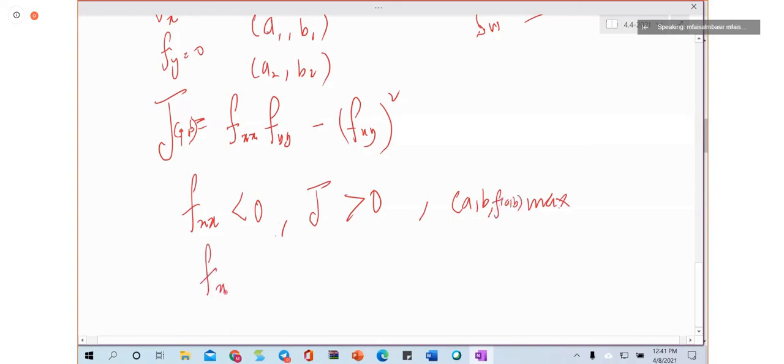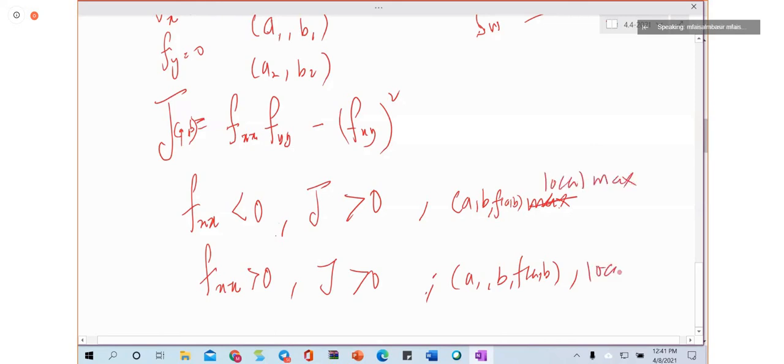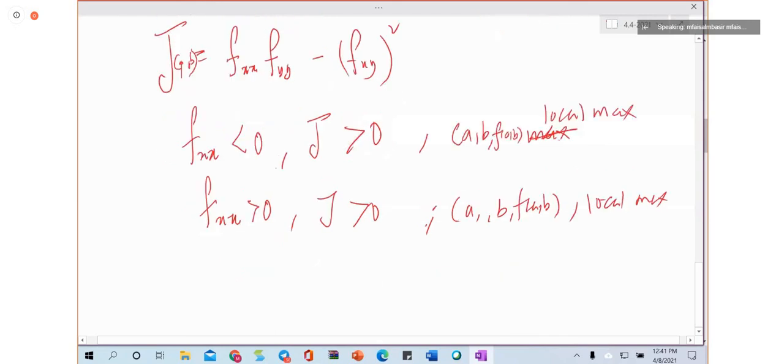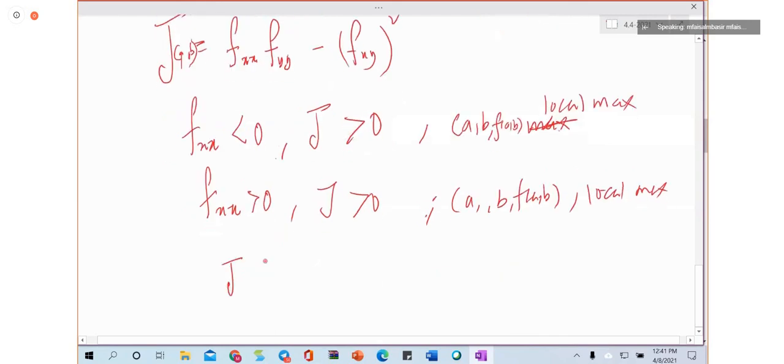If f_xx is more than 0 and the Jacobian is more than 0, the critical point will be a local minimum. Yes, put local. Local max, local min. So if the Jacobian is less than or equal to 0, no conclusion.